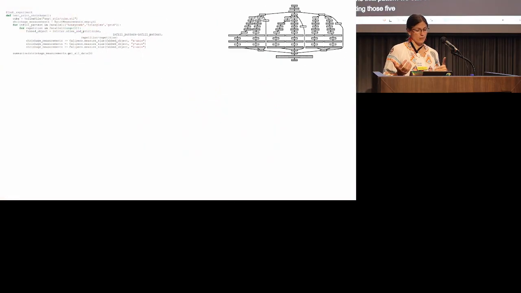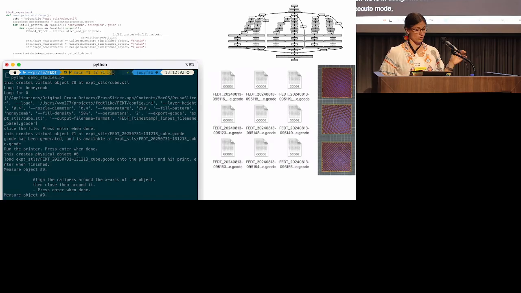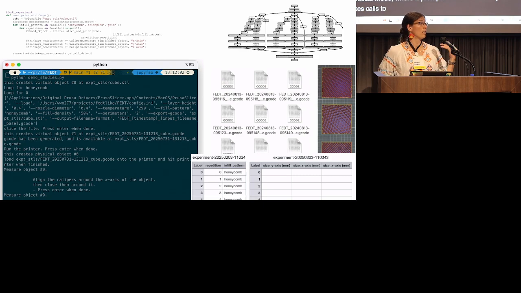So the same FEDT program is a snippet of Python code, and it's a flowchart when we're in design mode, but it can also be run on the command line in execute mode, where it prompts users to actually do those steps, and it makes calls to software and machines and so forth. And here, of course, it generates derivative files like G-code and CSV files for recording the data that's structured and specified in the program itself.